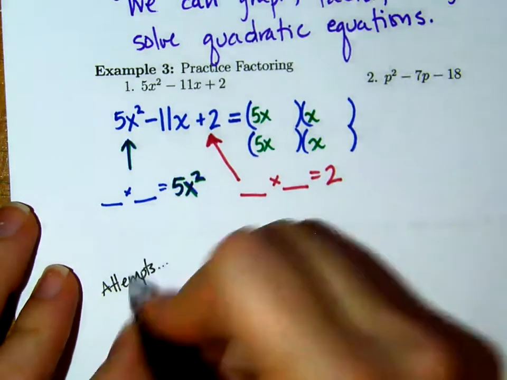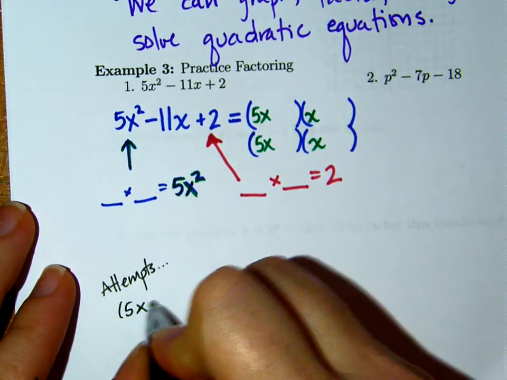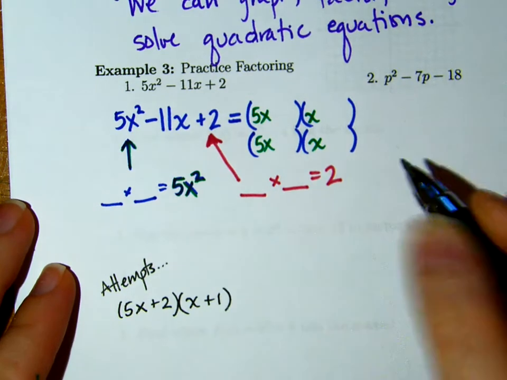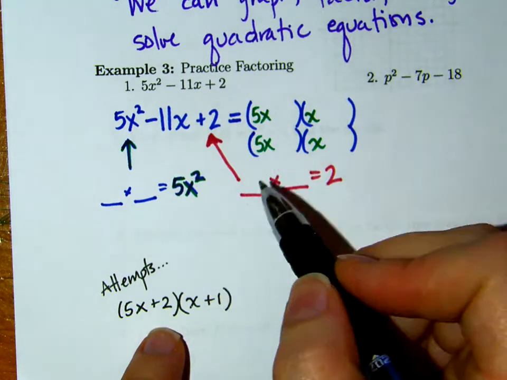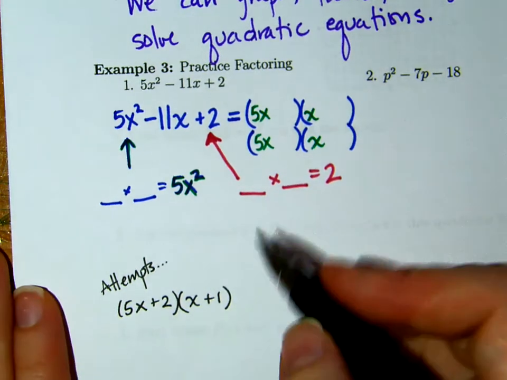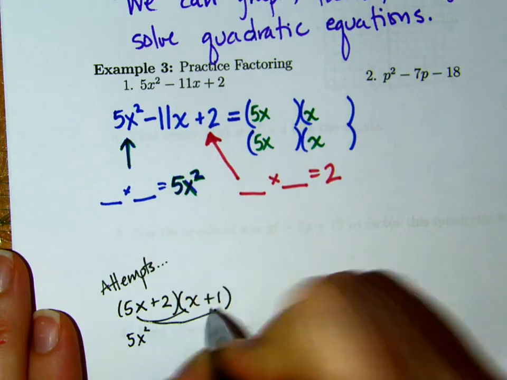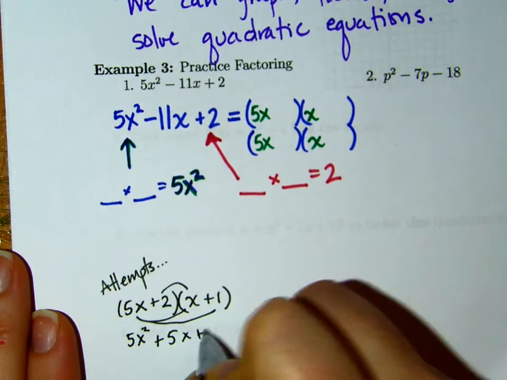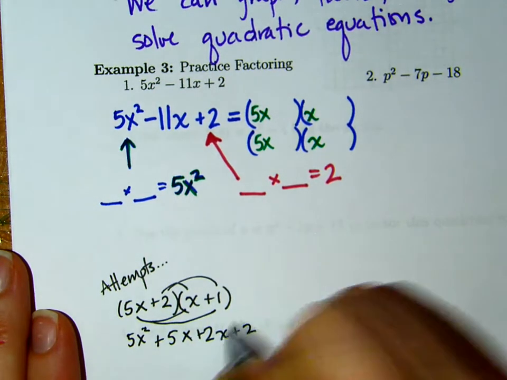So, here's my attempts. Let's suppose we did 5x plus 2 times x plus 1. So I filled this in with a 2 and a 1. Then, if we multiply, we get 5x squared plus 5x plus 2x plus 2.